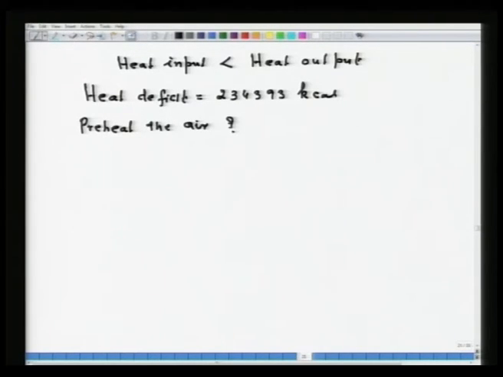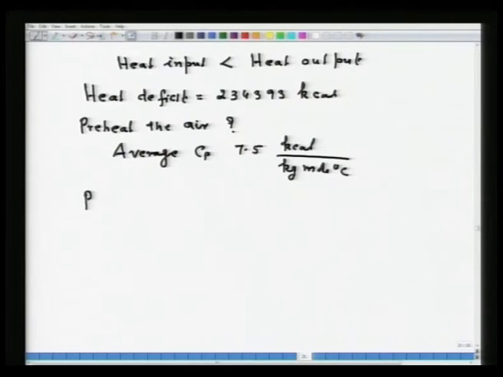Now, the question comes, what should be the preheat temperature? If we consider, for example, average value of Cp, that is equal to 7.5 kilocalorie per kg mole degree Celsius, then I can find out preheat temperature. Preheat temperature will be equal to 463 degrees Celsius.